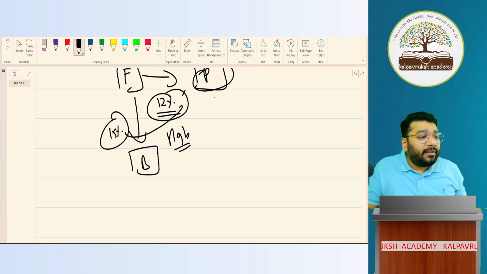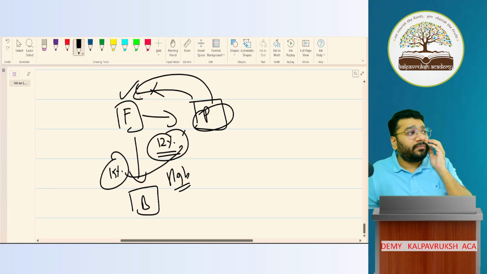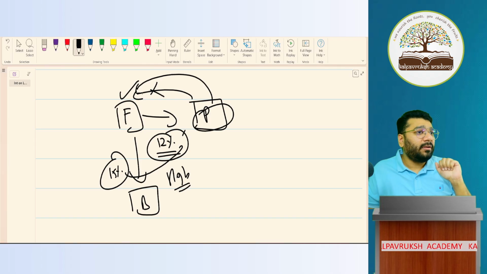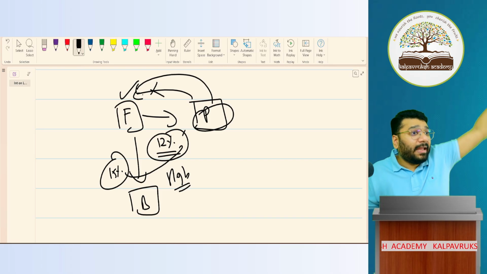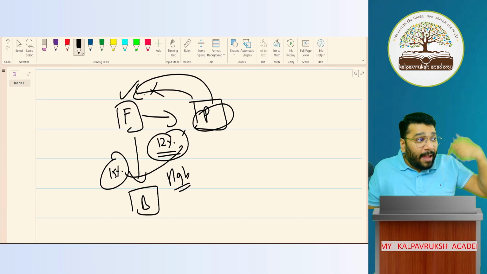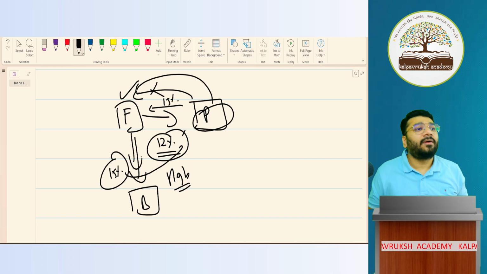Correct? Had the partner given the money back to the firm, would the firm require money from the bank? Would the firm take a loan from the bank? Not required. But because the partner did not pay the money on time, the firm had to take a loan from the bank and pay how much interest? 15%. So now I am telling that partner, you give me 15% interest, which I will give to the banker.